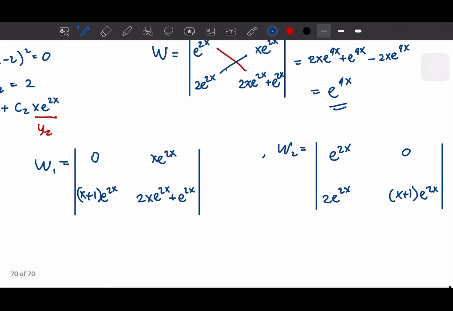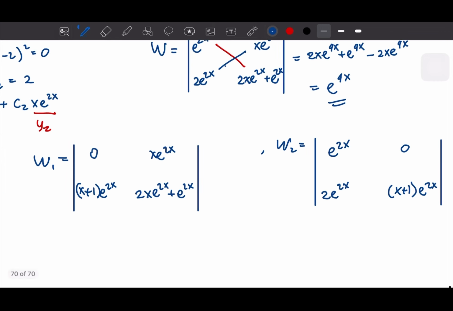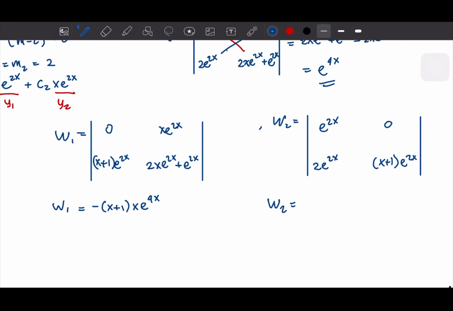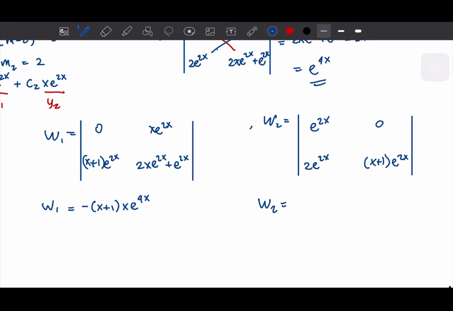And then cross multiply, and because one of them is 0, our Wronskian is not too difficult to write. This is x e to the 4x, okay. And W2 is (x plus 1) e to the 4x.